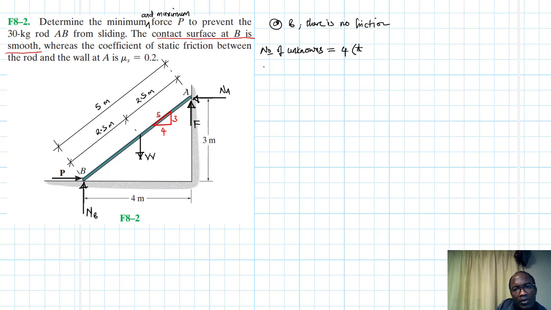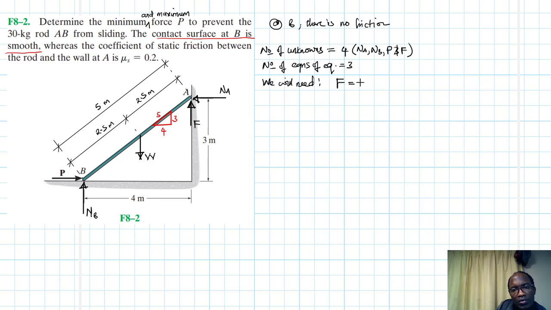Okay, so that is NA, NB, P, and F. Then the number of equations of equilibrium, there are how many? 3. And since the unknowns are more than the available equations of equilibrium, we will need to use the friction equation.